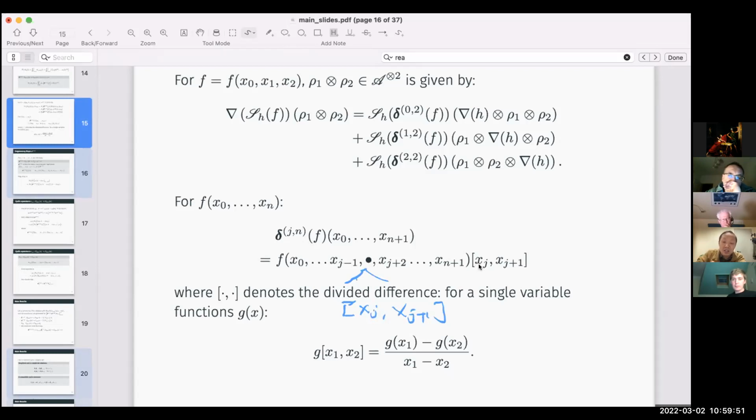This transformation is about how you map x0 to xn plus 1 to x0 to xn plus 2, right? So if you write it in this way, I think it's exactly dual to those in this model of the simplicial categories.